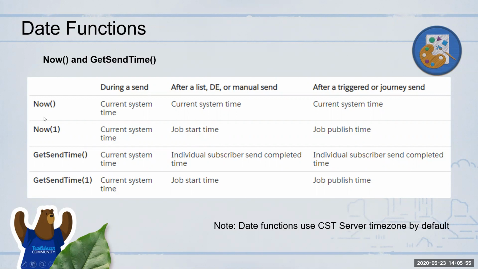Then there's something called GetSendTime. GetSendTime is used if you want to get the time at which the email job was sent or started. There is a difference here. Imagine the context of an email send. Sometimes an email send encompasses about 10,000, 50,000, 100,000 emails, maybe even millions.